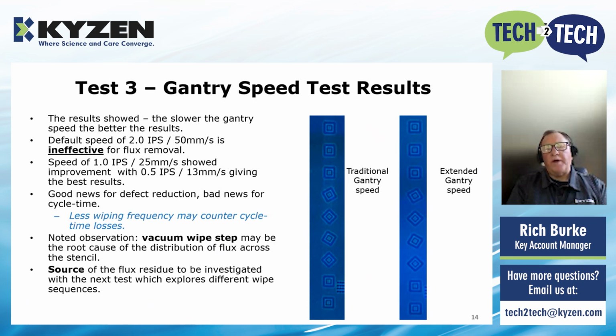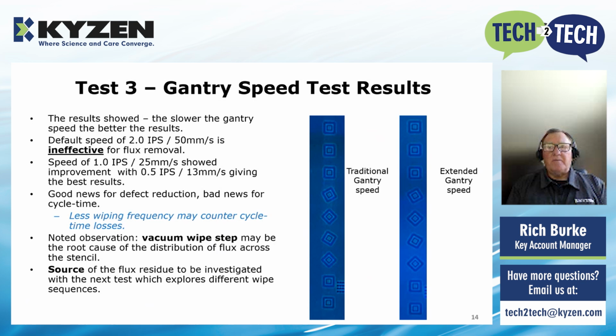Without question, 1 inch per second was good, showed clear improvements, but half an inch per second did in fact give us the best overall result. Now, obviously, that's good news in terms of defect reduction, good information, right? However, it does mean there would be a cycle time hit. So that's kind of the bad news of what was learned in this test.